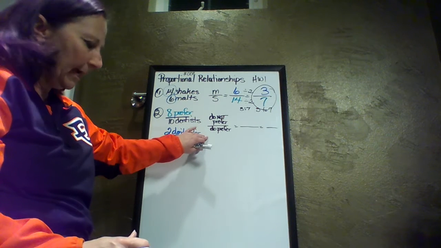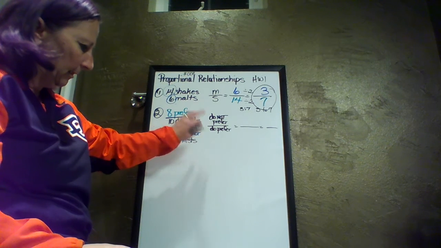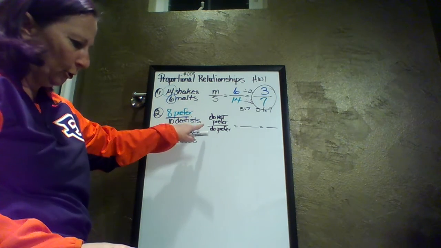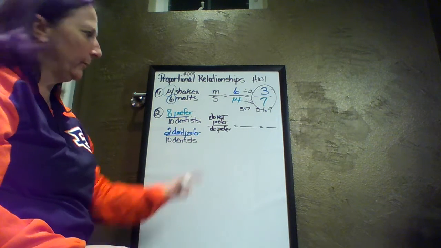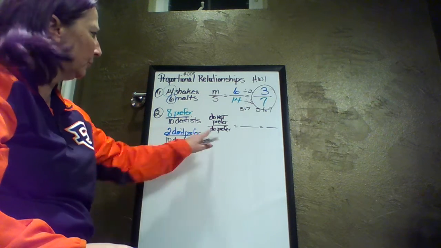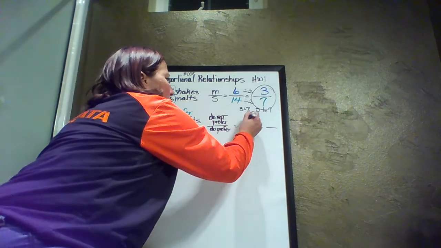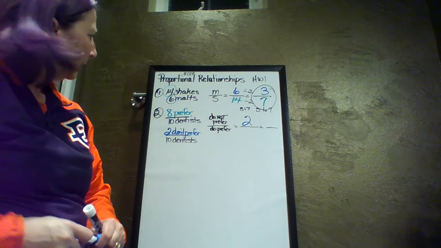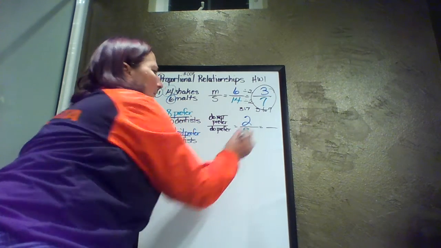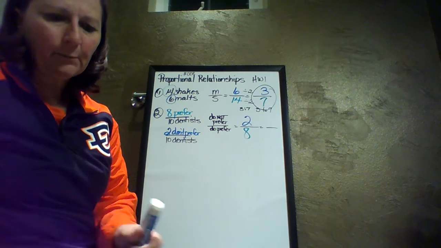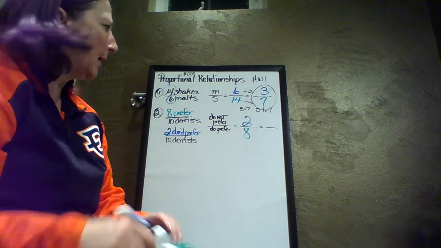And then it's asking us to put things in this order. It wants the ratio of dentists who do not prefer, remember that's the fraction bar, to those that do prefer. So those that do not prefer are 2. The number that do prefer is 8. And then, of course, we need to simplify. So we're looking for a number that we can divide both of those by.